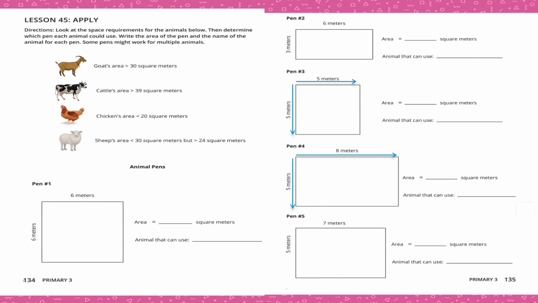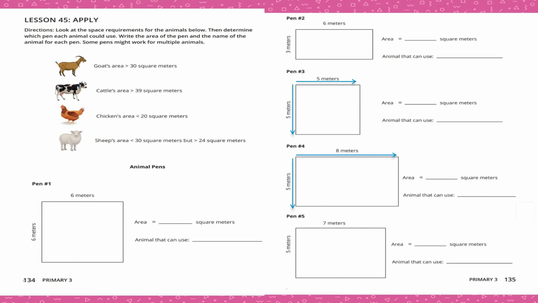Okay, I have here some pens. The first pen is 6 meters length and 6 meters width. It means it's in which shape? 6 and 6, so it's square. Okay, these sides are equal, so this pen is in the shape of a square.